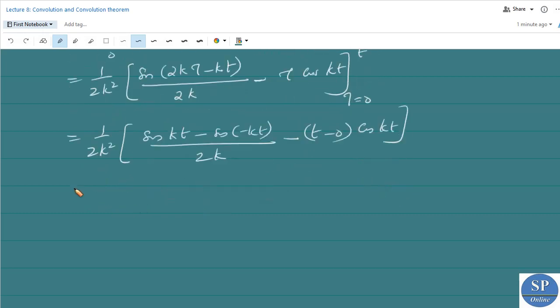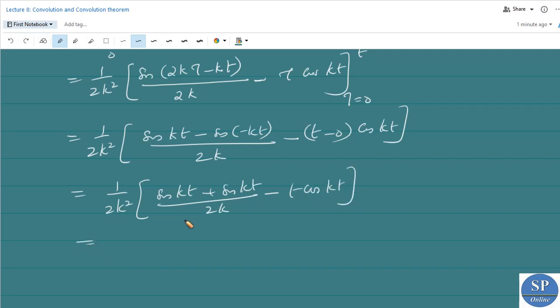So this is equal to 1 by 2k square into sin kt plus sin kt divided by 2k minus t into cos kt. Sin kt plus sin kt is 2 sin kt, so we can divide this.